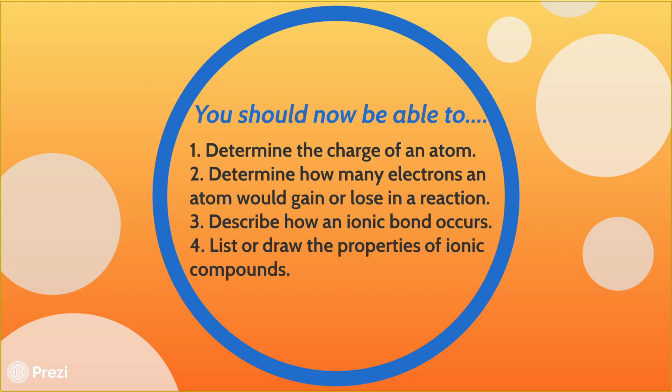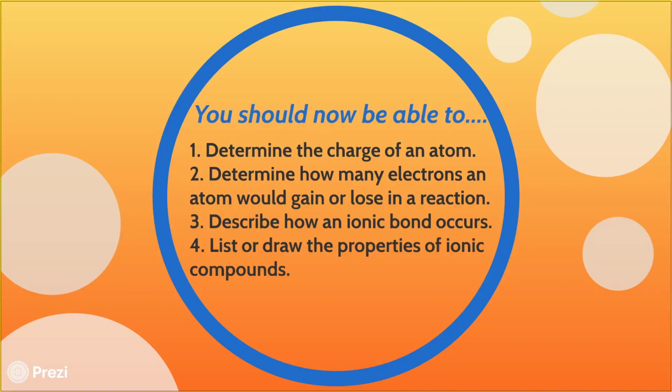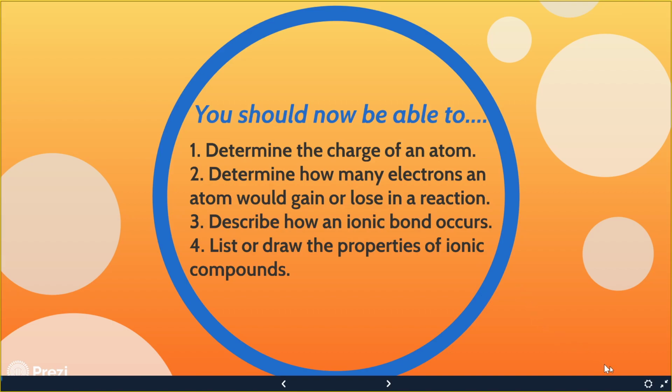Now we're going to add one other function, where I'm going to tell you the easy shortcut way to determine how many electrons on the outer level it's going to be able to gain or lose.